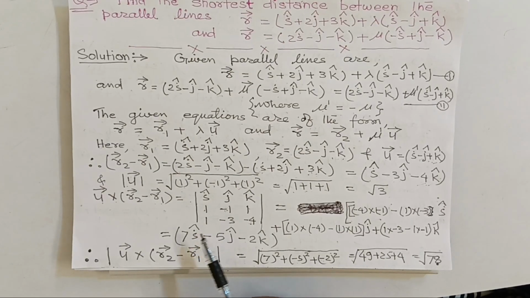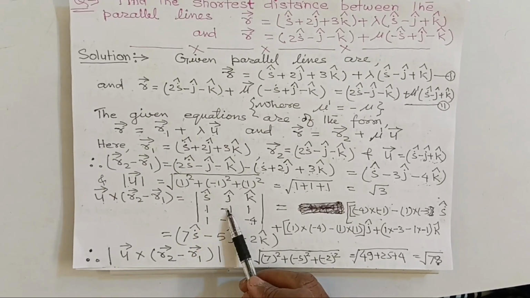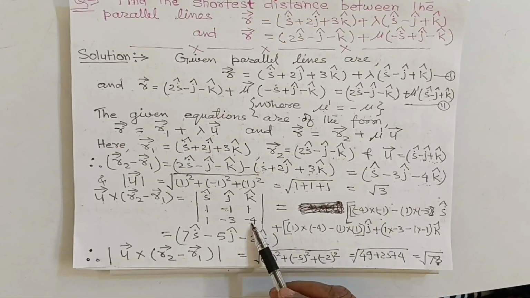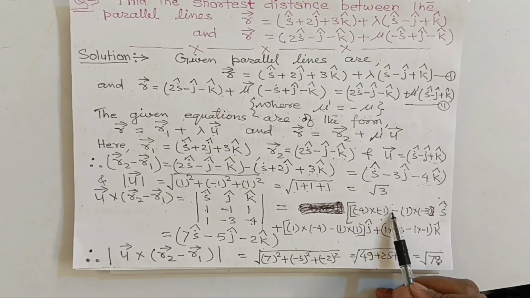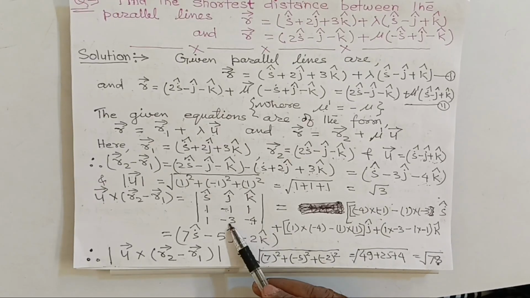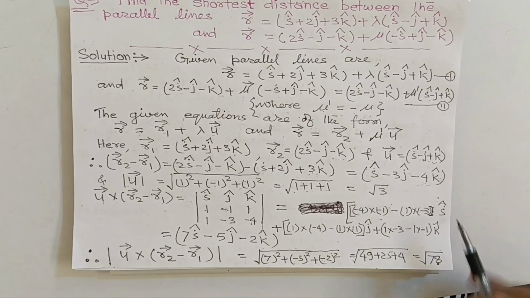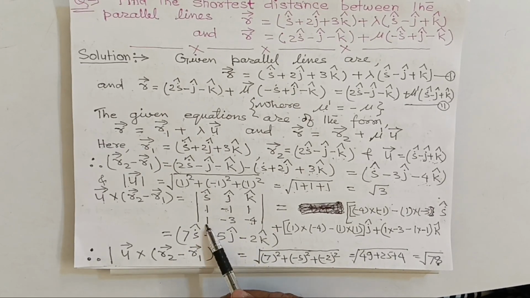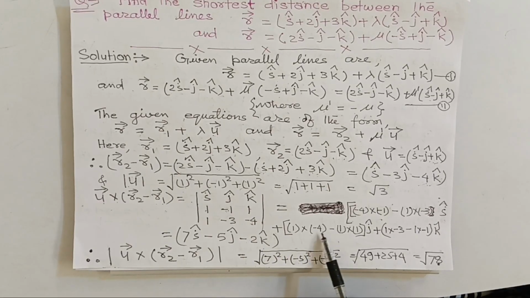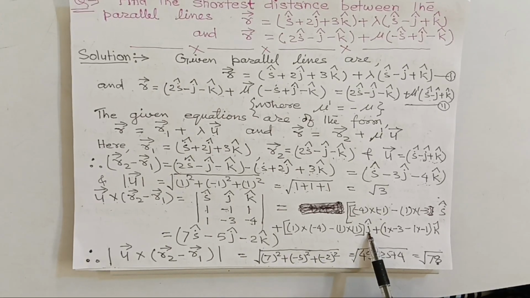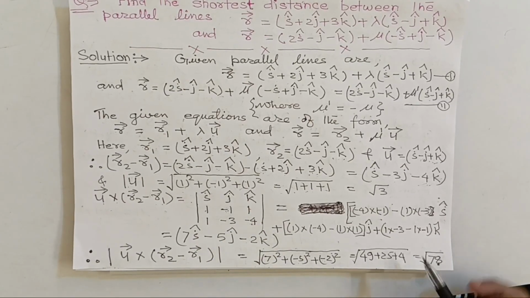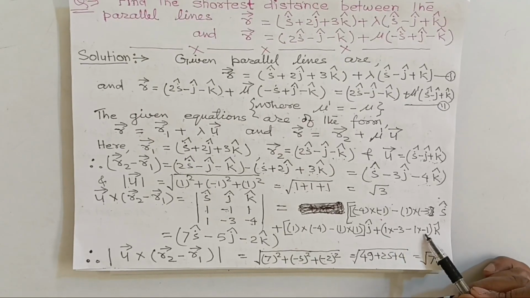Solving it, we get i times (minus 1 into minus 4, minus 3 into 1), plus j times (1 into minus 4, minus 1 into 1), plus k times (1 into minus 3, minus minus 1 into 1).